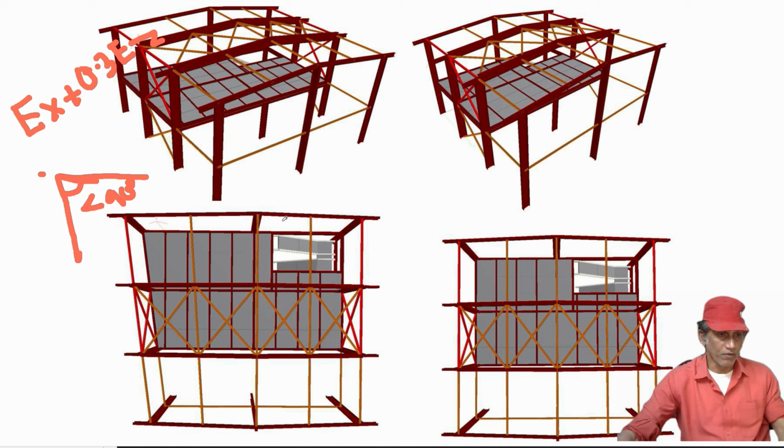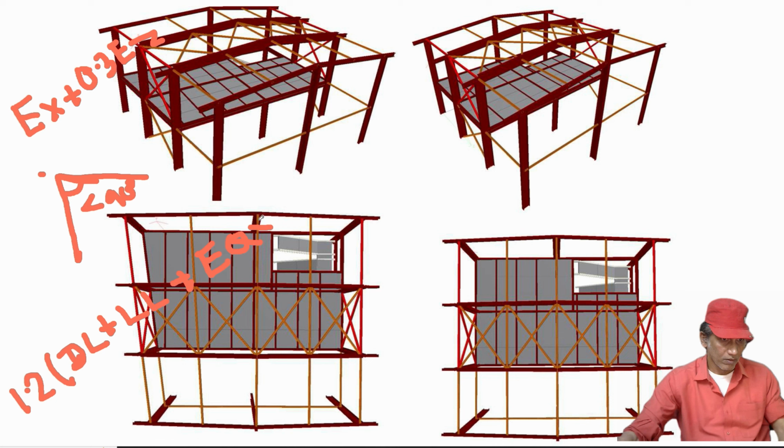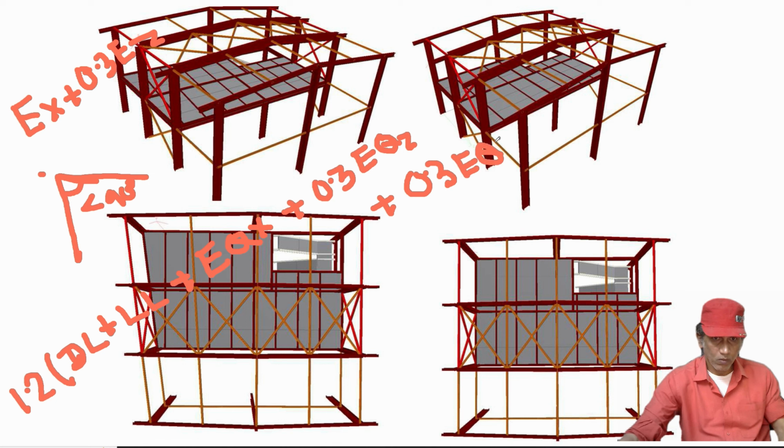Now, in case of zone 4 with load combination factors, it will become something like this: for dead load and live load cases, 1.2 DL plus LL plus EQX plus 0.3 EQZ plus 0.3 EQY.